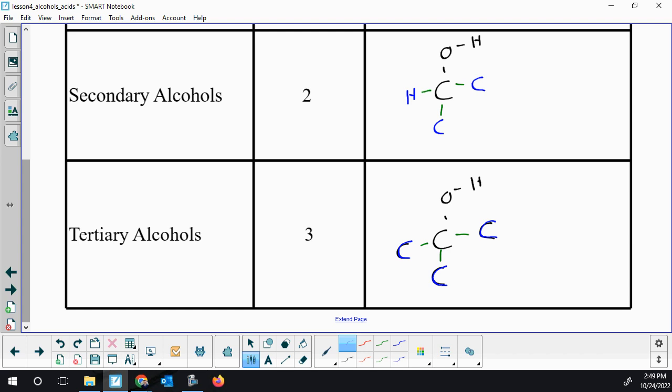Which is doable, but much trickier. So that's our alcohol family. A bit of repetition. We got hydroxyl, not hydroxide. We got 1 hydroxyl. We've got 2 hydroxyls. We can name, we can draw, and then you've got primary, secondary, and tertiary.